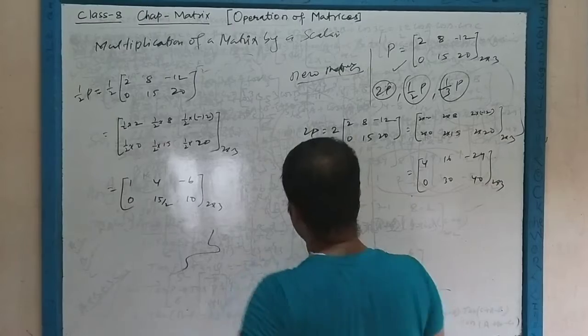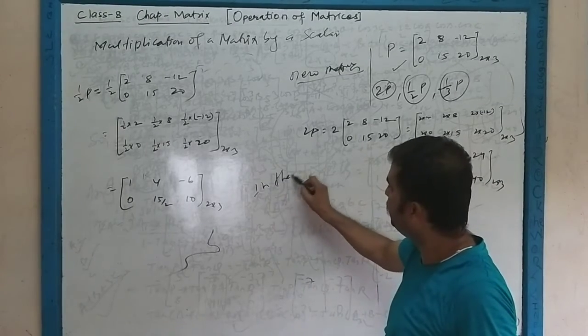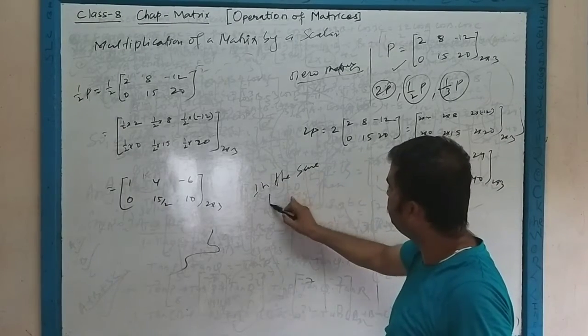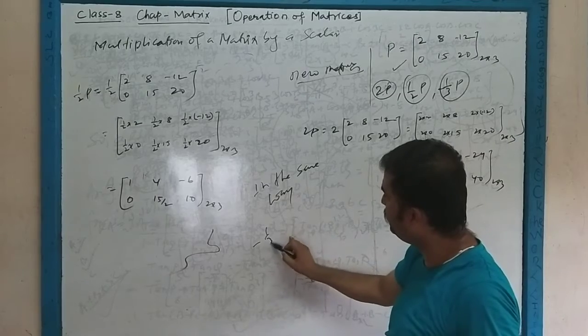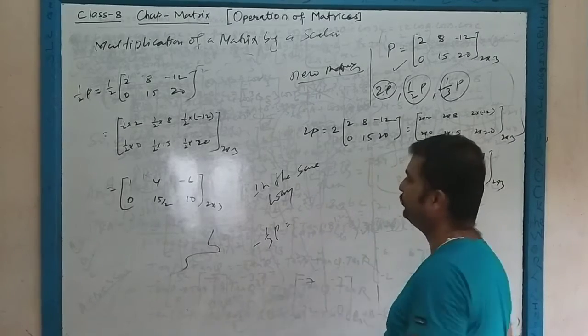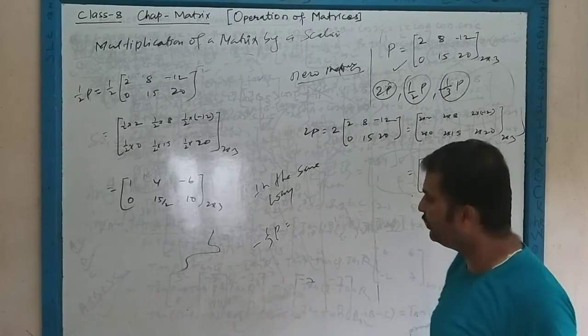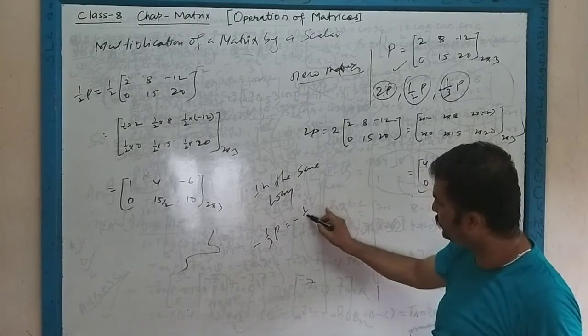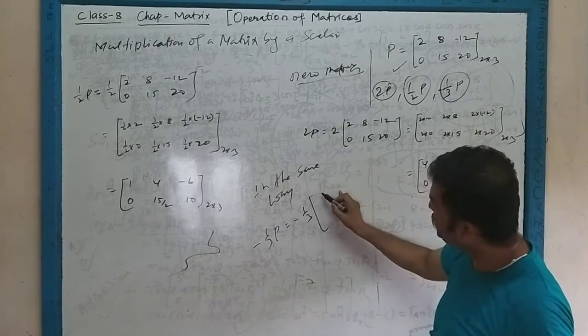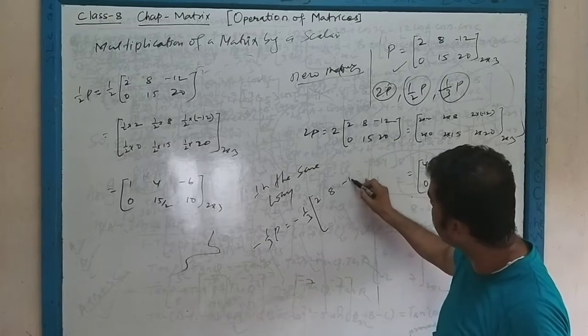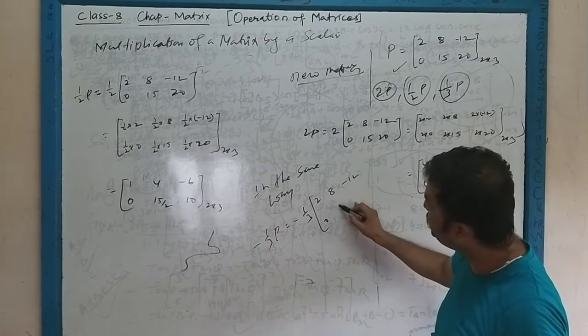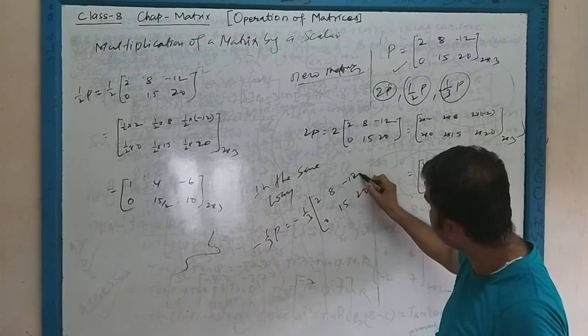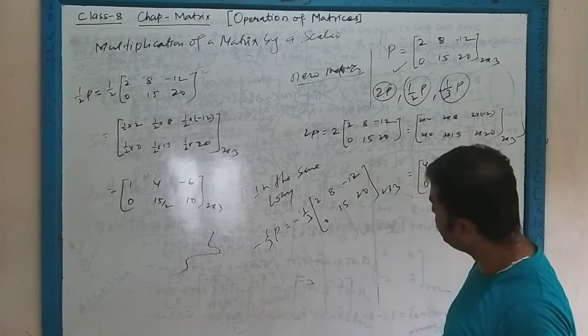In the same way, you find minus 1 by 3 P. Multiply minus 1 by 3 to all of these. So minus 1 by 3 P is minus 1 by 3 times 2, 8, minus 12 and 0, 15 and 20, 2 rows, 3 columns.